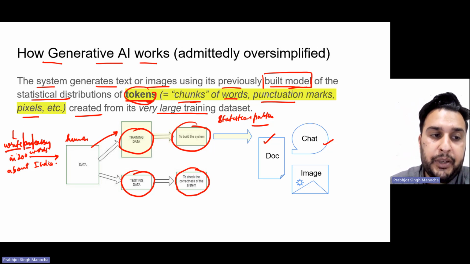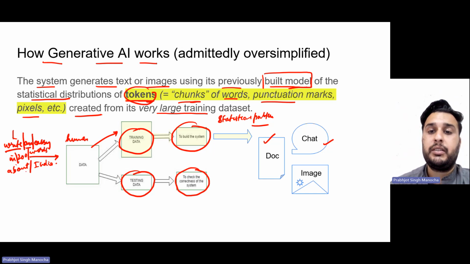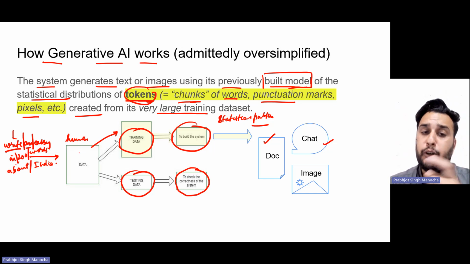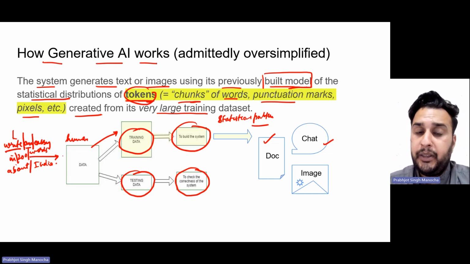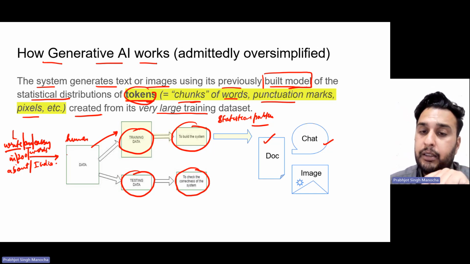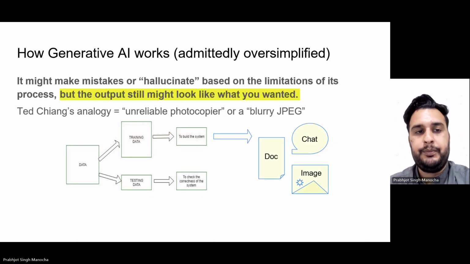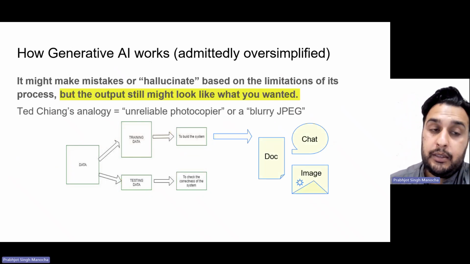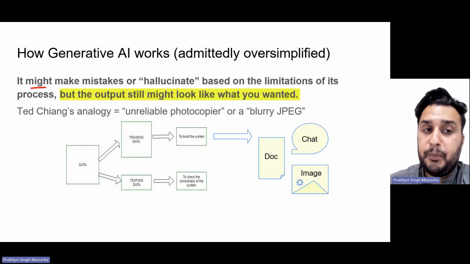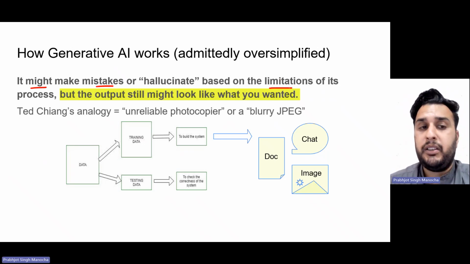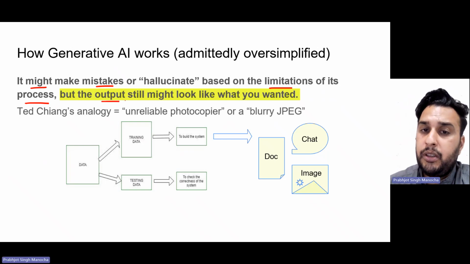They are going to generate the tokens, chunks of words, separately. They separate each piece of data and then try to understand all those words. From there, yes, they do the pattern matching and keep on finding the content that we will be using. Yes, we also admit that it might make some mistakes based upon the limitations of its process, but the output still might look like what you want.